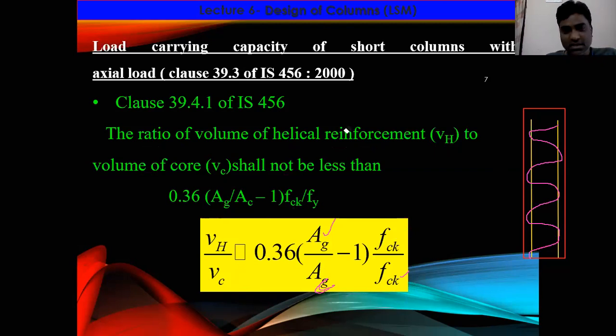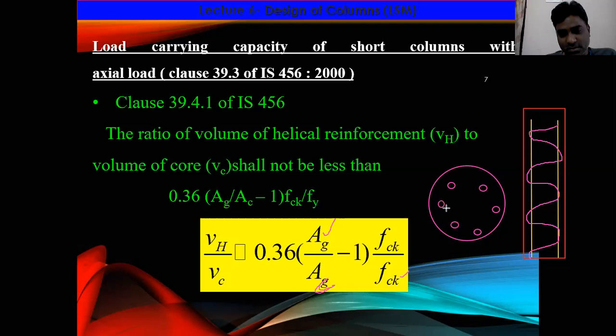If you see this from the plan, I can draw this in a plan, maybe a large circular one, right? Then you have a number of bars. As I told earlier, the minimum number of bars in a circular section is how much? You need to provide a minimum of 6 bars.